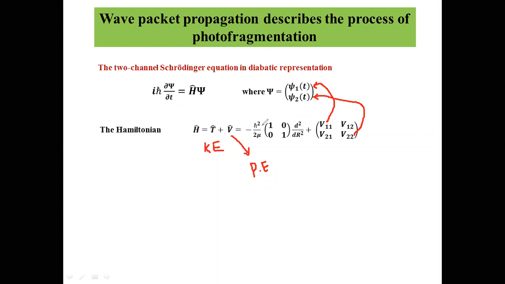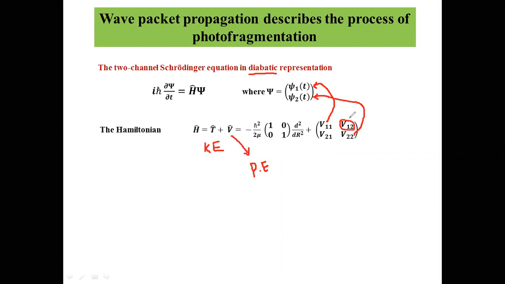Now this is in the diabatic representation. Here we have diabatic and adiabatic. I just go for the diabatic representation in the sense that this kinetic energy operator is diagonal, whereas the potential energy is not diagonal, you have off diagonal terms. So the coupling in this diabatic representation is due to the off diagonal terms in the potential energy operator, right?